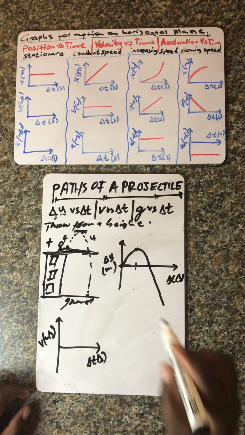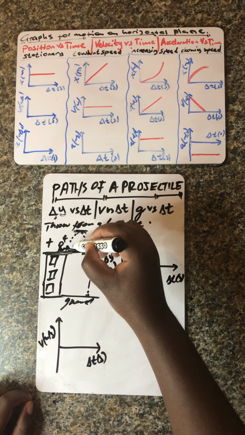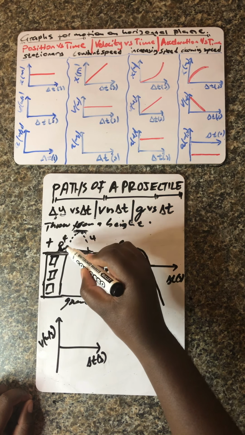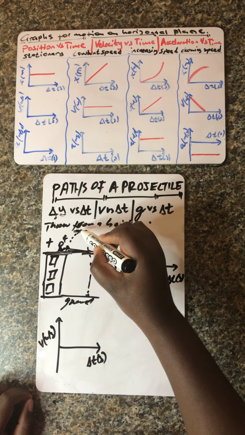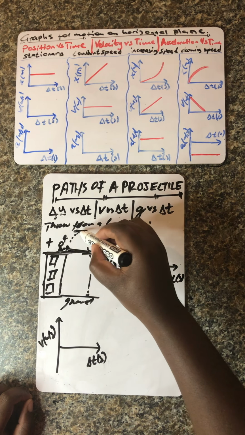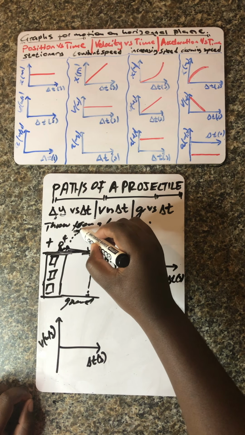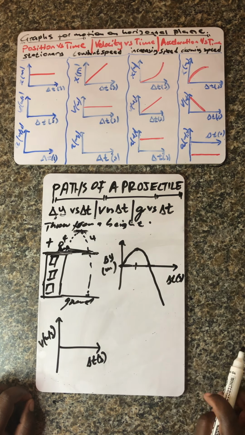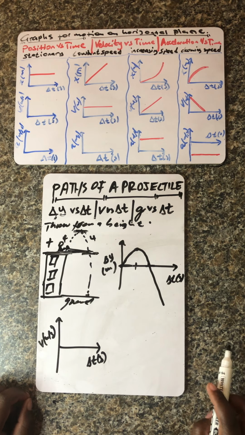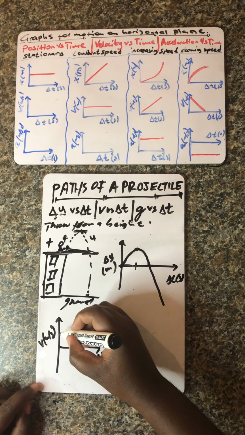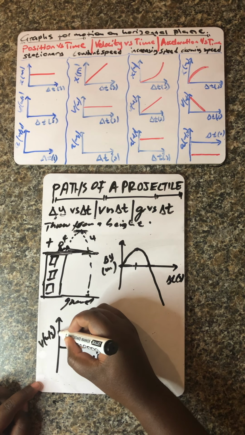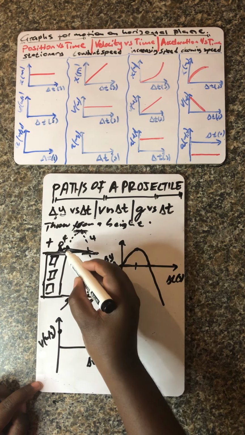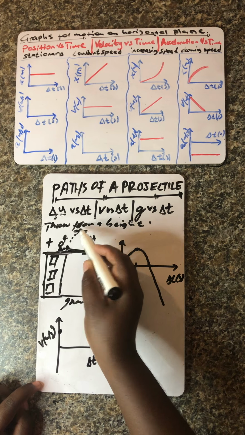So obviously, guys, this object has been thrown vertically upwards from a certain height, then it reaches its maximum height, and then from there it comes down. In this case, this is how you represent this graph. So that means it's been thrown vertically upwards.